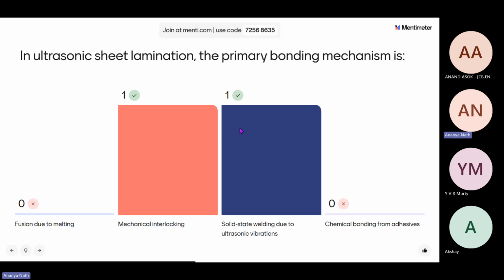Both are correct. Because mechanical interlocking happens because of the peaks and valleys, which I discussed. And after that, it eventually gives rise to diffusion bonding, which comes under solid state welding also.